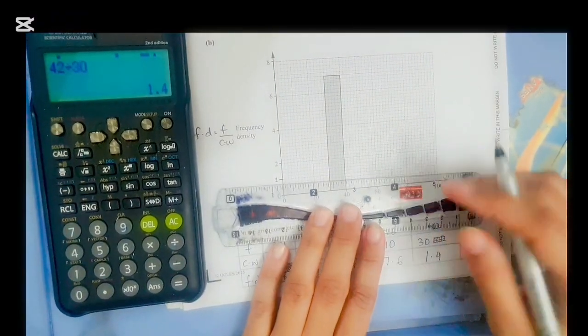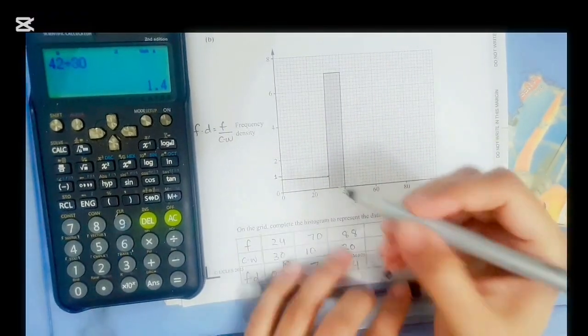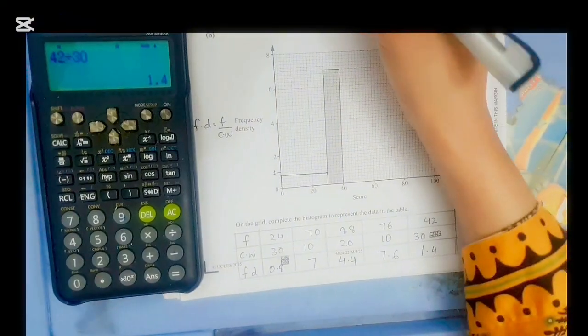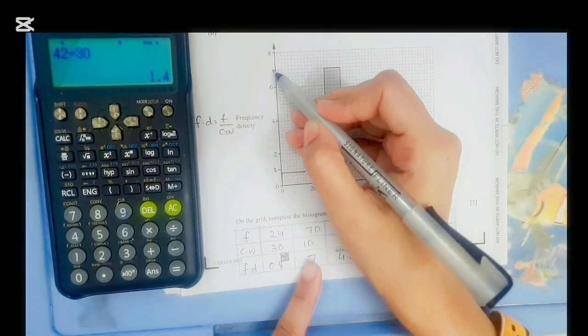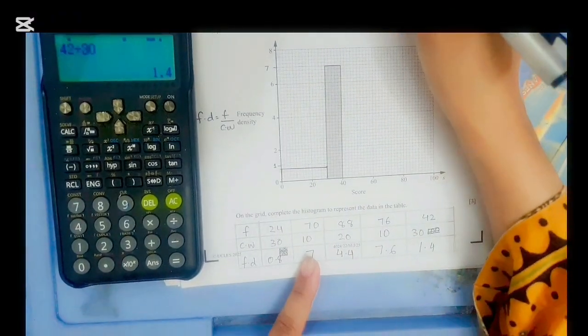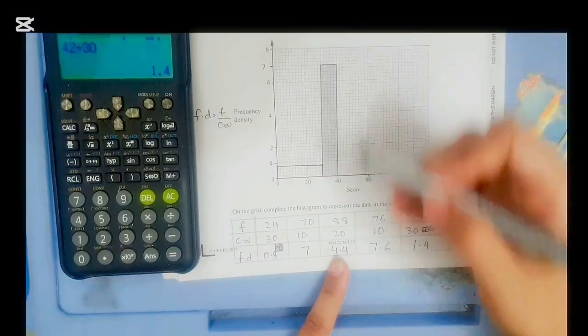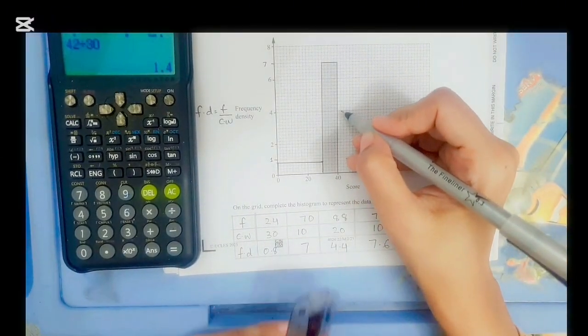So I am making a line for the first class width, 0 to 30. Now 30 to 40 is already given, it's 7. Okay, now 40 to 60, its frequency density is 4.4.